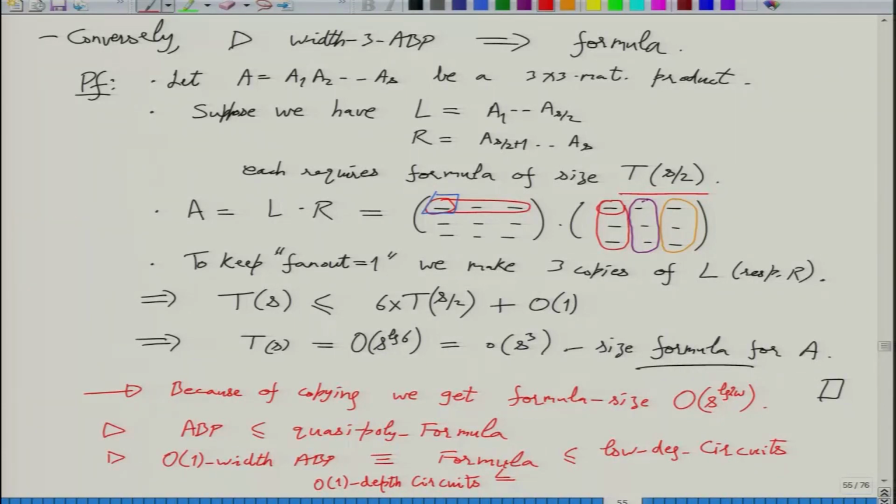Yeah, so just look at depth 3 for example, right? Depth 3 is a powerful model, depth 3 circuits, but it's also a formula because nowhere do you need fan out more than one. I mean, there are these product gates and you can just make copies of everything. So a depth 3 circuit is naturally a formula.